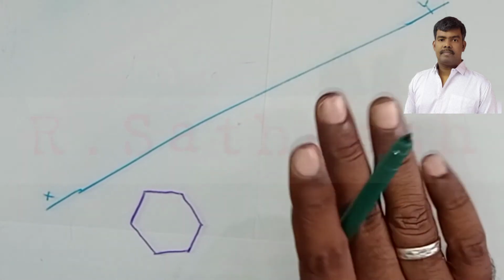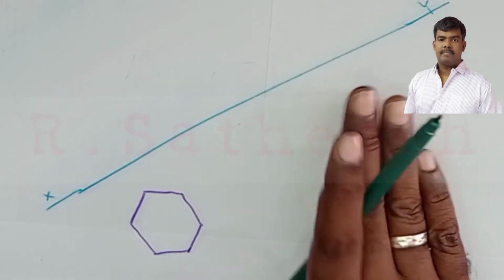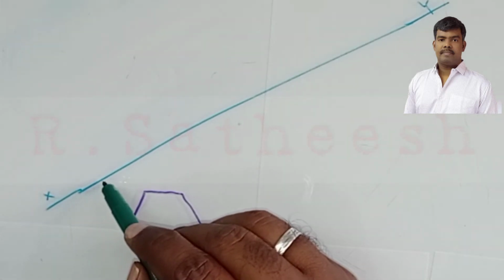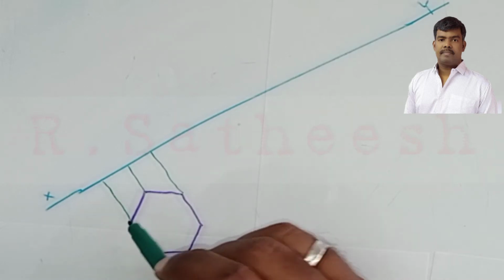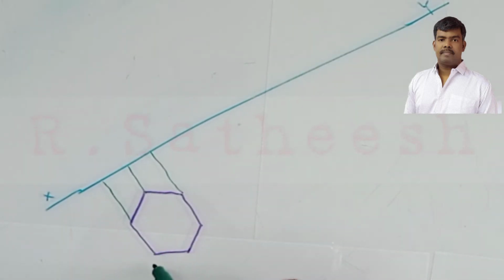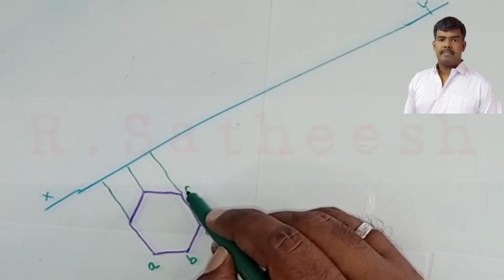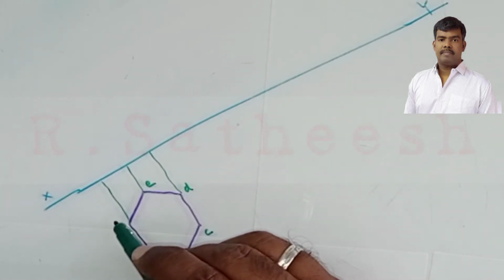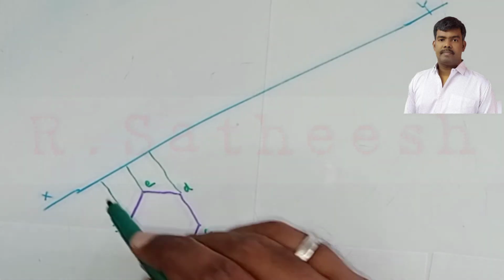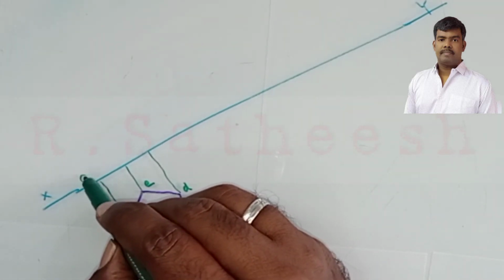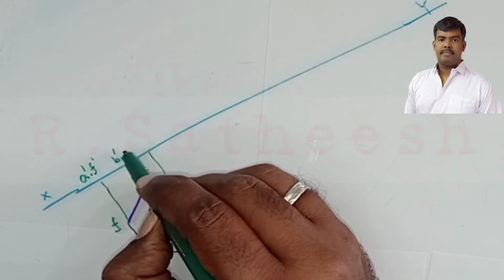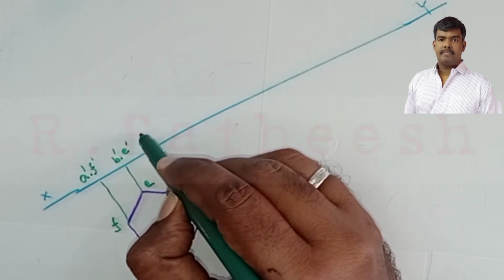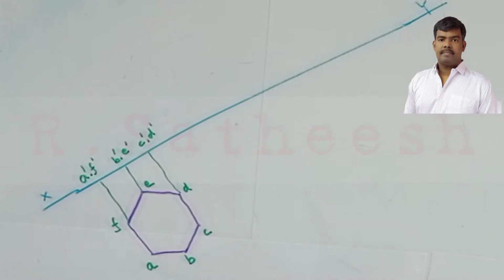Before tilting, the total plane is resting on HP. Therefore, the front view lies completely on XY. Let us assume this is A, B, C, D, E, F. Similarly, this is A dash comma F dash, B dash comma E dash, C dash comma D dash.